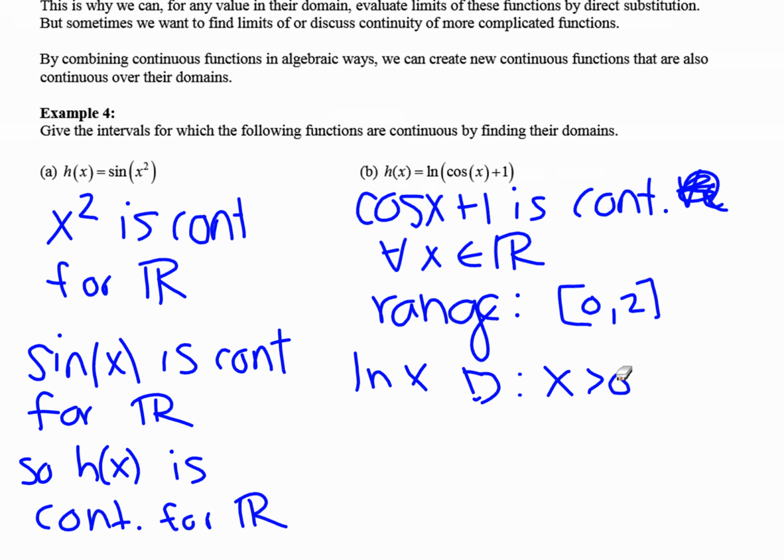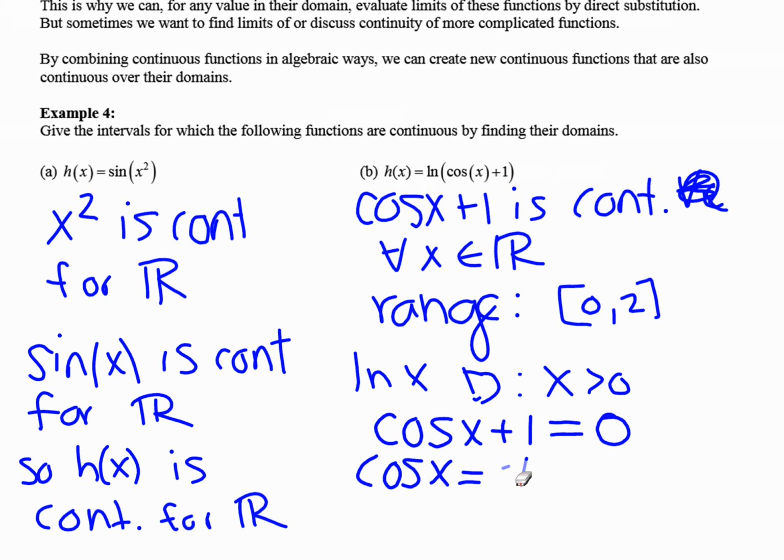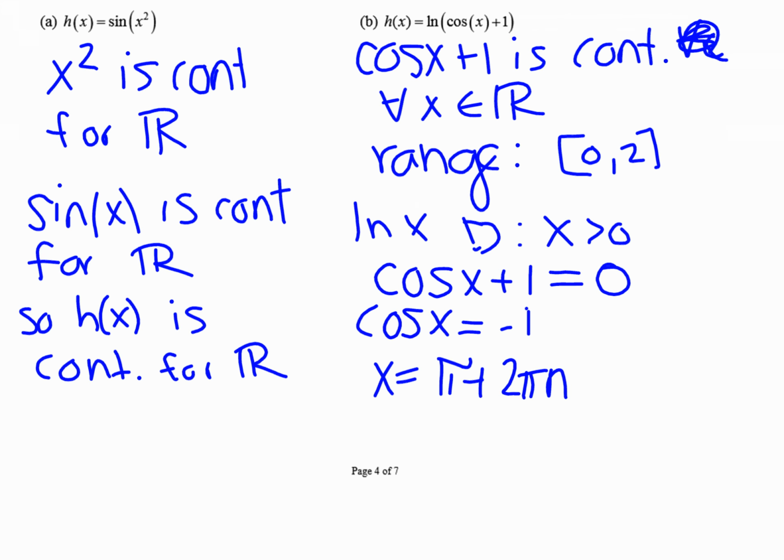It can't equal 0. So that means that we have this inside function, and it cannot equal 0. So we have to find out where it would equal 0. And so that would be cosine is -1 at pi, or any multiple of that, where n is an integer.